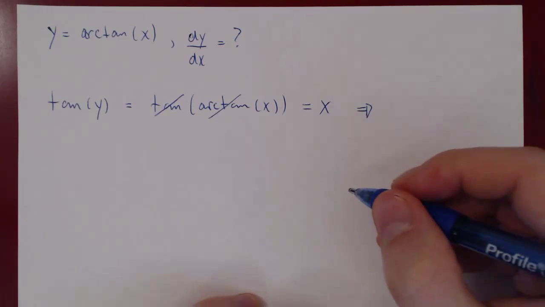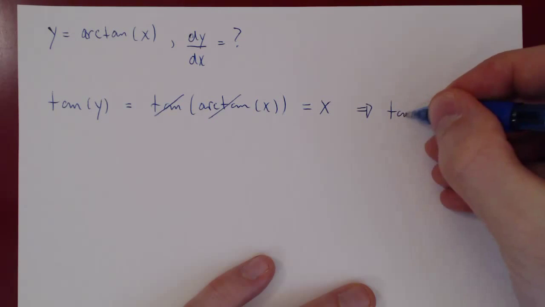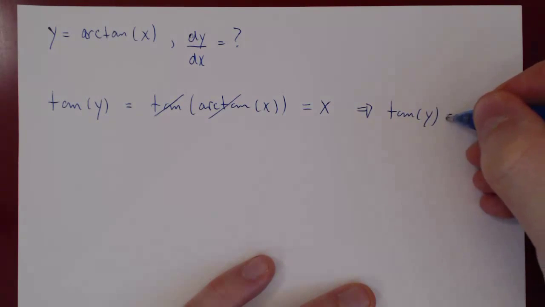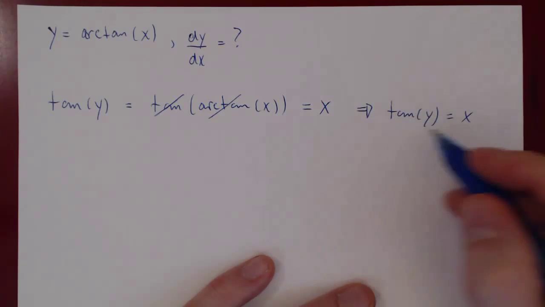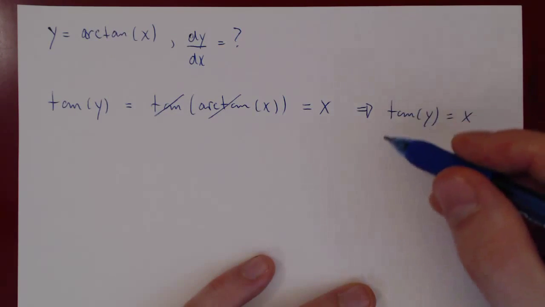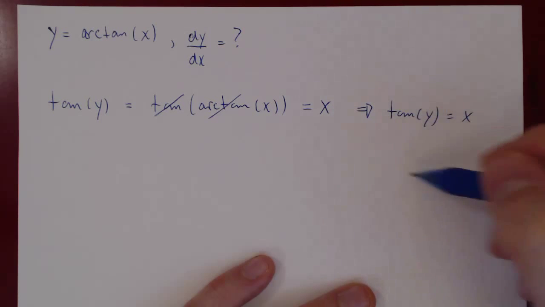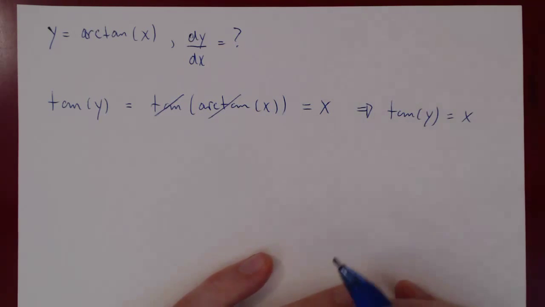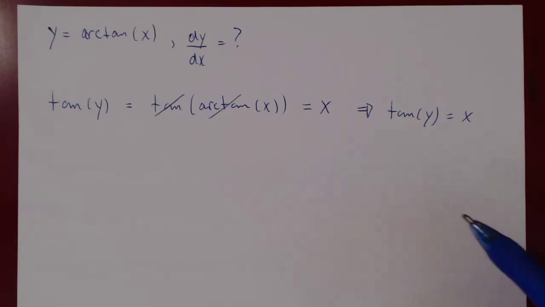So what we have is now that tangent of y is equal to x. And this equation is equivalent to this one, but the great thing now is that the trigonometric function is gone from this equation, so we can once again differentiate using implicit differentiation.